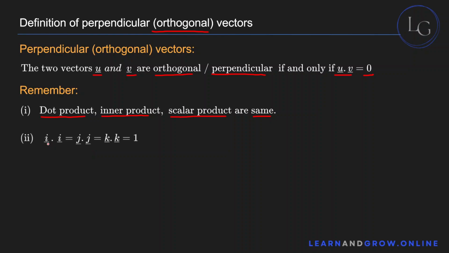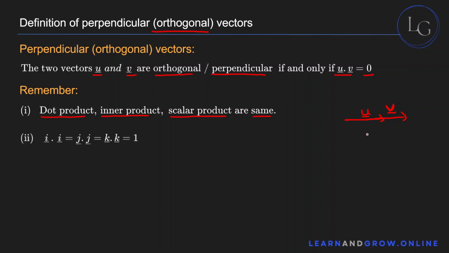So i into i is equal to j into j is equal to k into k, which is equal to 1, which basically means anything on the x-axis being multiplied with anything on the x-axis again is in the same direction. So let's say this is the vector u, and the vector v is parallel to the vector u. What is the angle between them? It's 0.